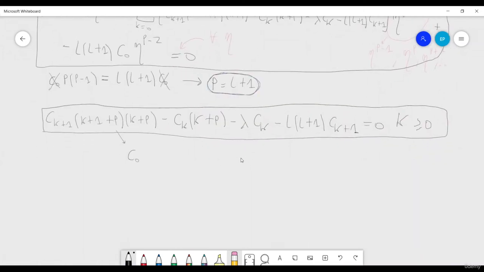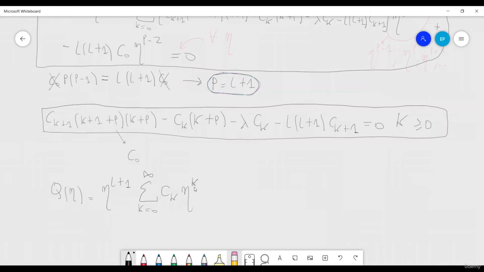Now we have found that Q of eta can be written like this. It is eta to the power p, but p is equal to L plus 1, times the sum from 0 to infinity here, but I will tell you something more about this infinity in a moment, of c sub k times eta to the power k.